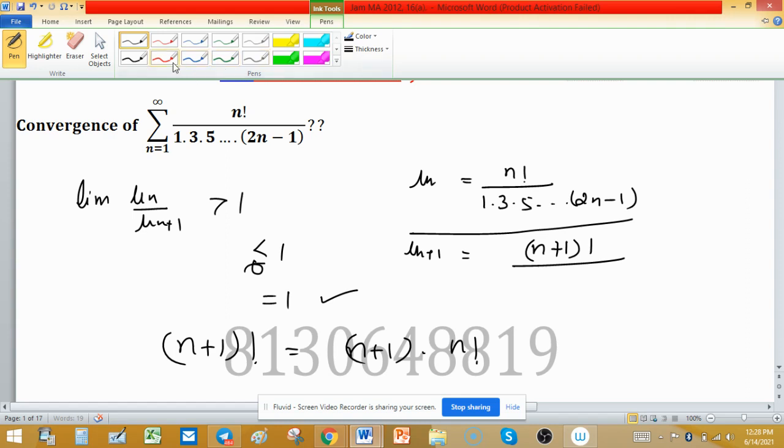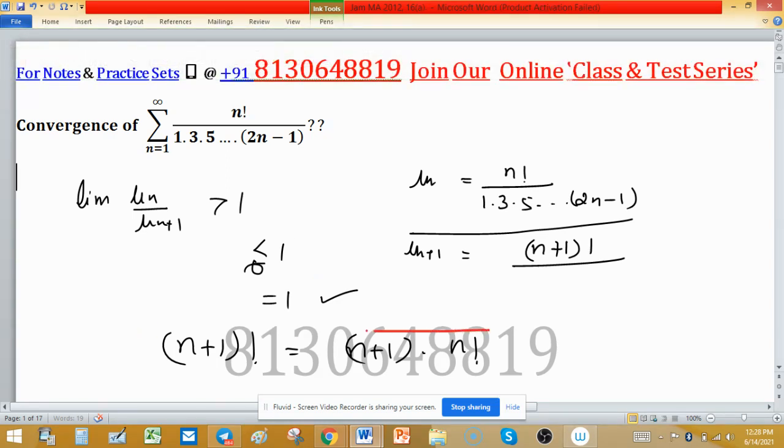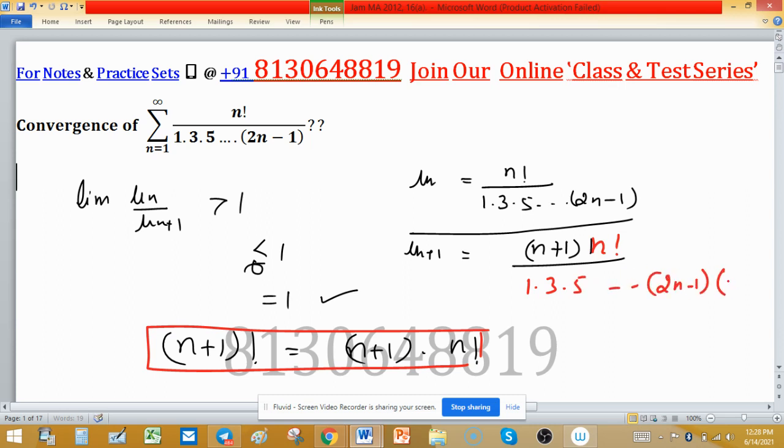This is very common, so I use this format. Then this cancels out by this one, and this one is totally cancelled out by this one.